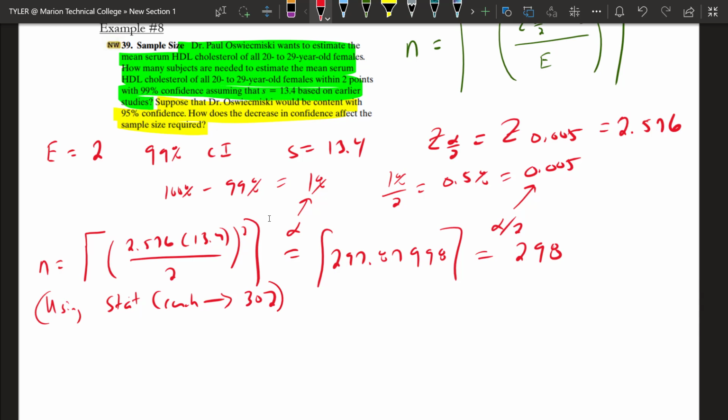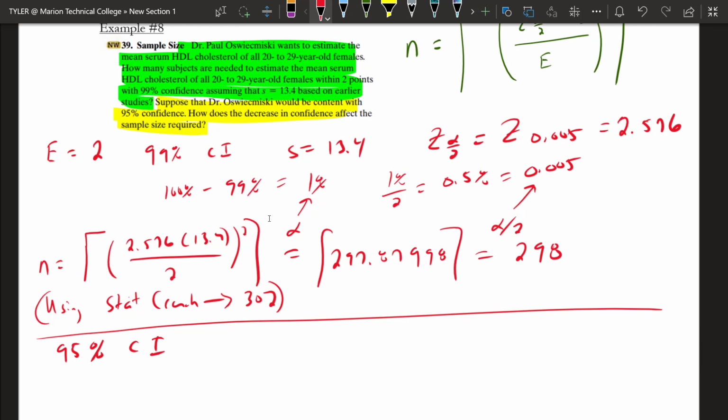Right, so then now what we would like to do is the part in yellow. What if we want to do a 95% confidence interval, right? So in other words, we'd be finding Z sub 0.025, right? Because 100% minus 95% is 5%, and then 5% divided by 2 is 2.5%, which is 0.025 in decimal form. So that's the first thing we need to find, that critical z-score.